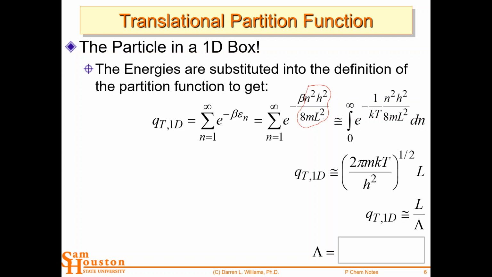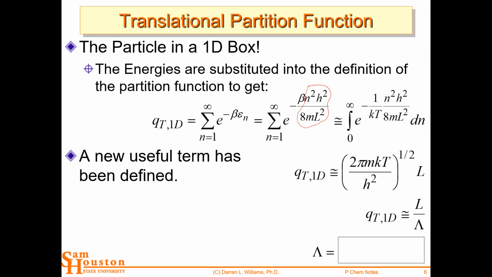And so this is a shorthand for the one-dimensional translational partition function. It's the length of the one-dimensional box divided by this capital lambda, which is a thing called the thermal wavelength. So this is a new term, the thermal wavelength.